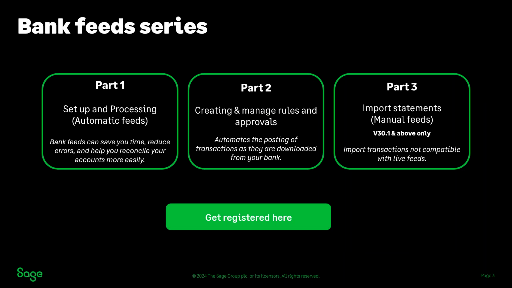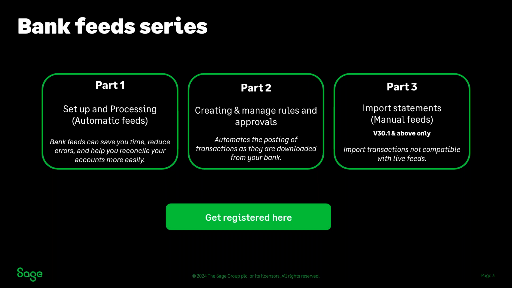For those of you who joined part 1 and part 2 today, you will have already seen this slide, but I do just want to cover it again for those who may not have attended. Part 1 of the Bank Feeds series is automatic feeds, where it connects directly to your bank, and we talk about how to set up and process in that. That can save you time and reduce your errors, helping you reconcile your accounts more easily.